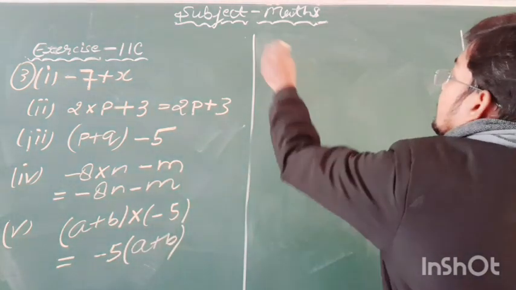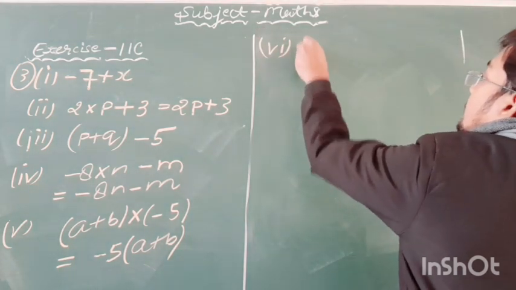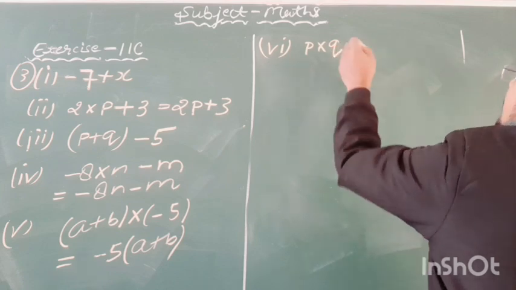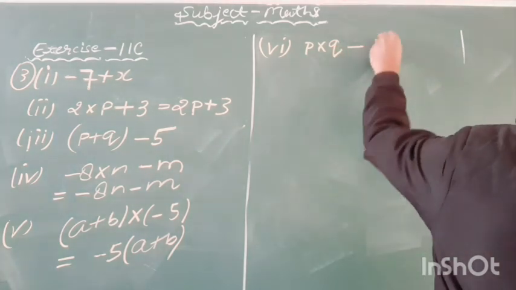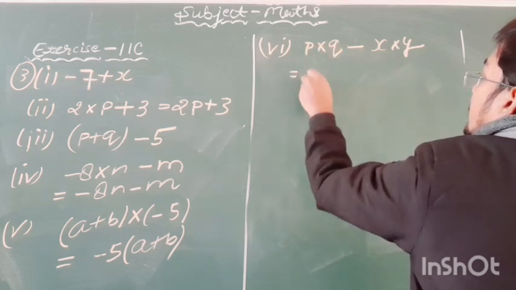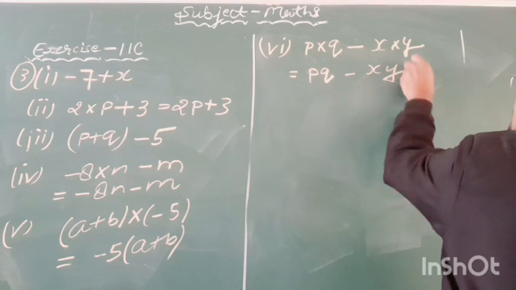So p times q means p into q, and minus h times y. So the product of p and q, which is pq, minus the product of h and y, which is hy.